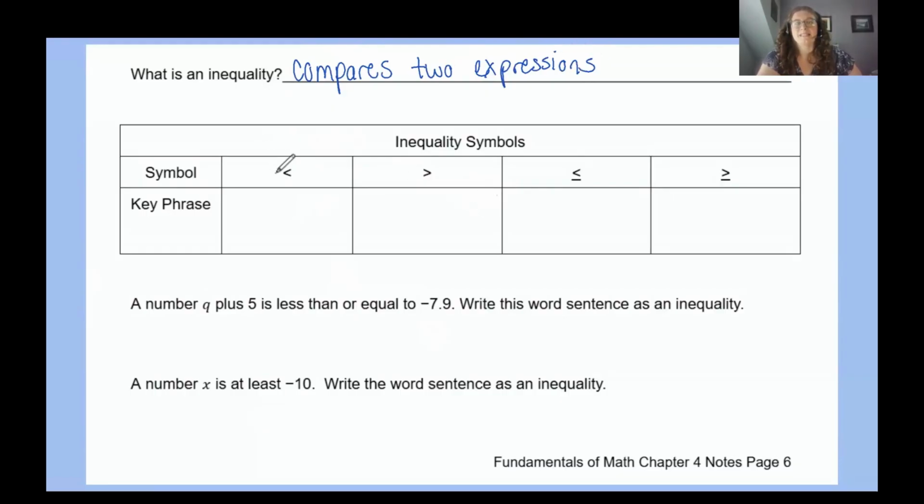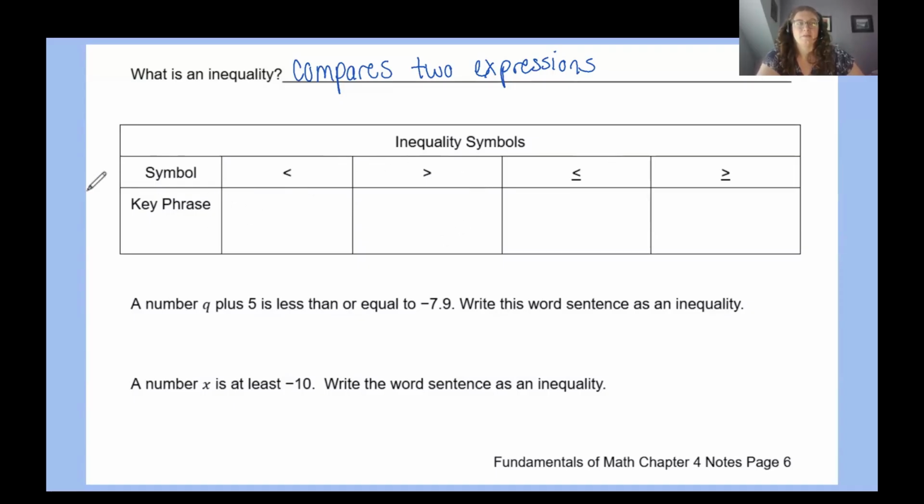Right? And we see these symbols, and you've seen these symbols before. You've seen a less than symbol, a greater than symbol, a less than or equal to symbol, and a greater than or equal to symbol. And we have some key phrases that we'll see when we're writing an inequality to know which of these symbols that we're going to use.